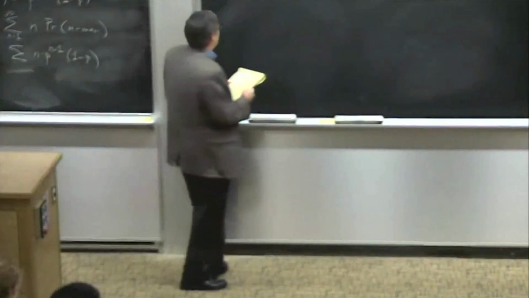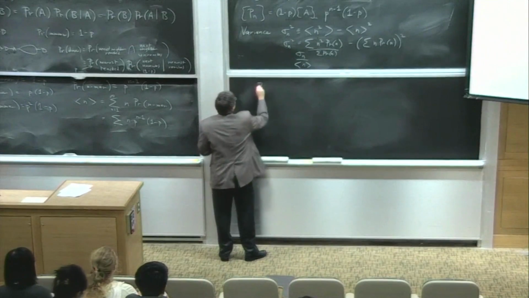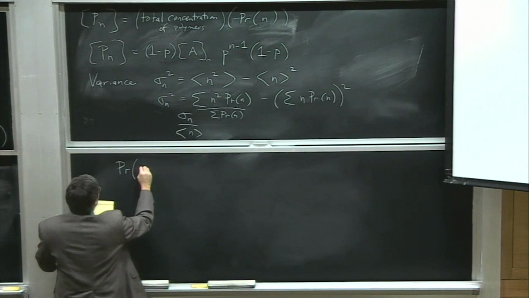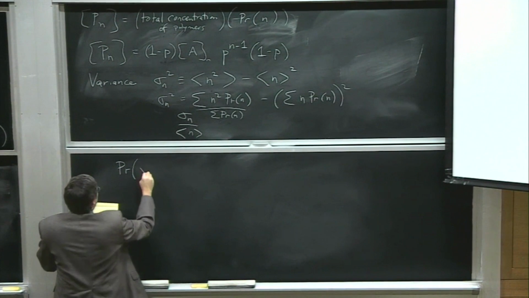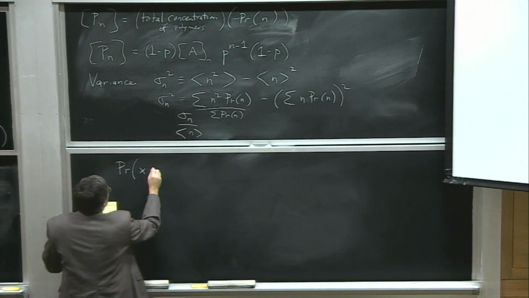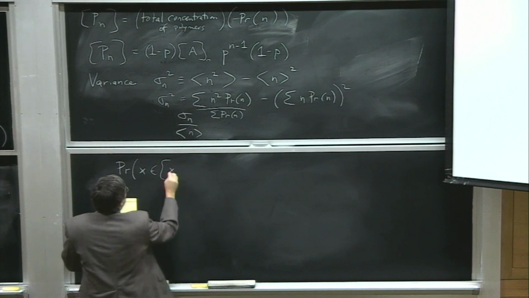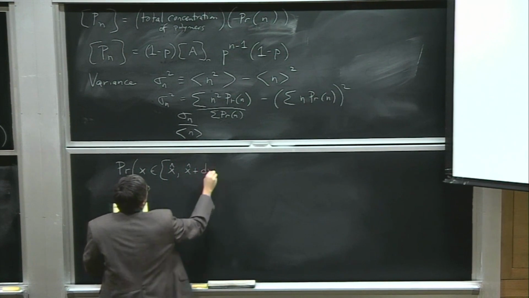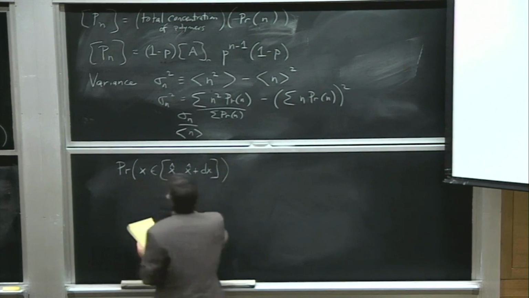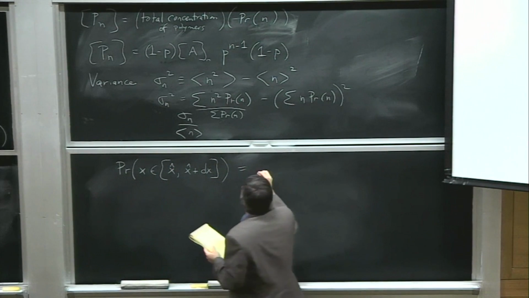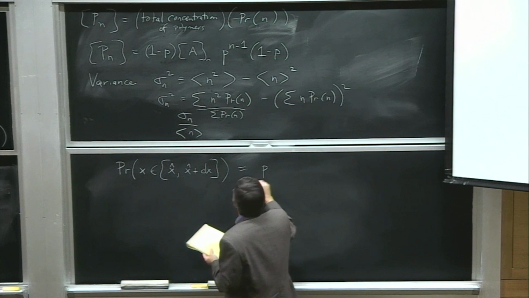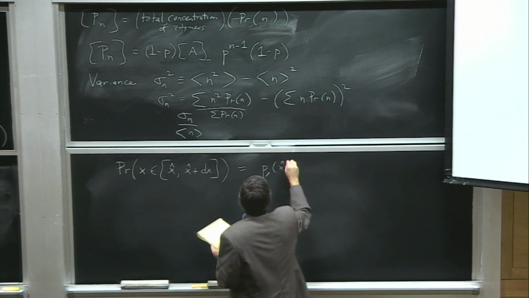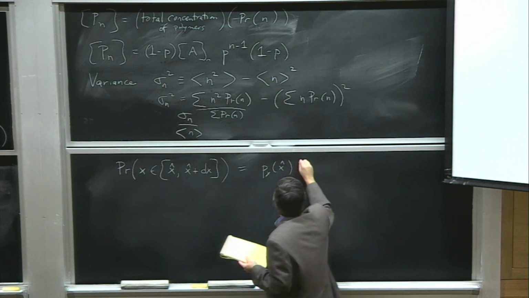And so as we mentioned last time, if you want to know the probability that a continuous variable x is a member of this interval, the probability that this is true is equal to p_x of x hat times dx.